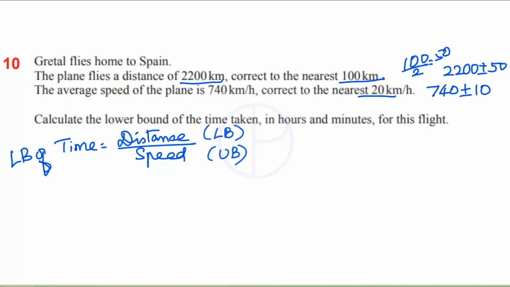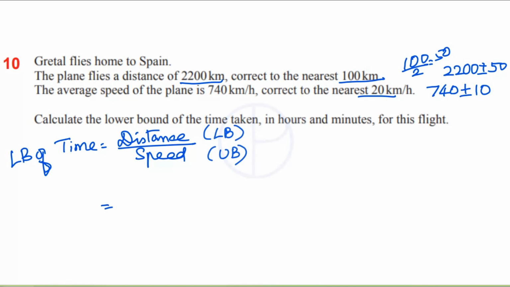Okay, because time is directly proportional to distance. So to get the lower bound of time, we take the lower bound for distance. So here time and speed are inversely proportional. So if you get upper bound for speed, it will give a lower bound for time.